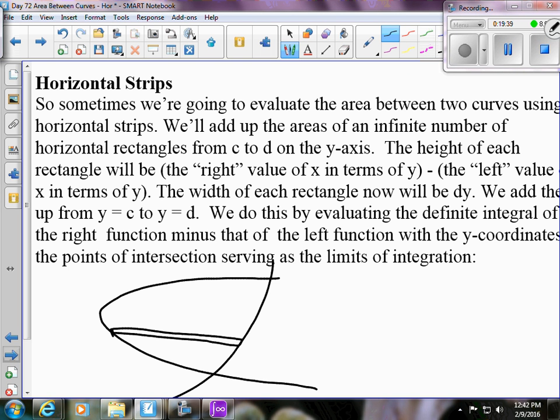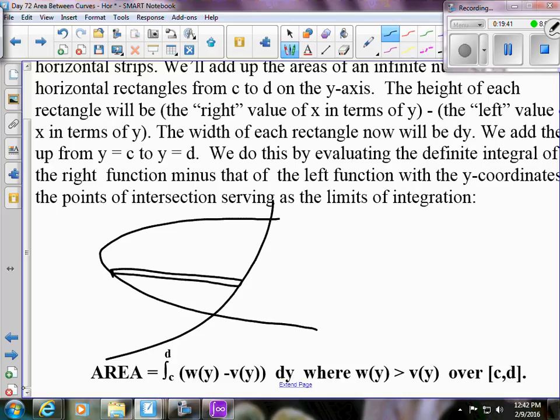Remember the other day when we were talking about the area of a vertical strip versus a horizontal strip? We actually did look at how you would find the height of a horizontal strip. Does anyone remember how we did that? For vertical strips, we use y top minus y bottom.